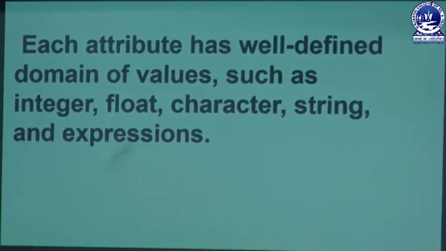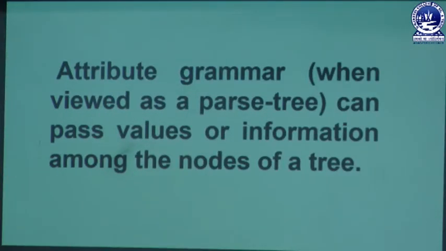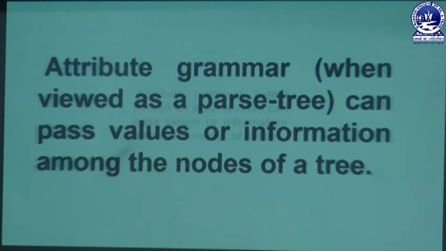Each attribute has a well defined domain of values such as integer, float, character, string and expression. Attribute grammar, when viewed as a parse tree, can pass values or information among the nodes of a tree.